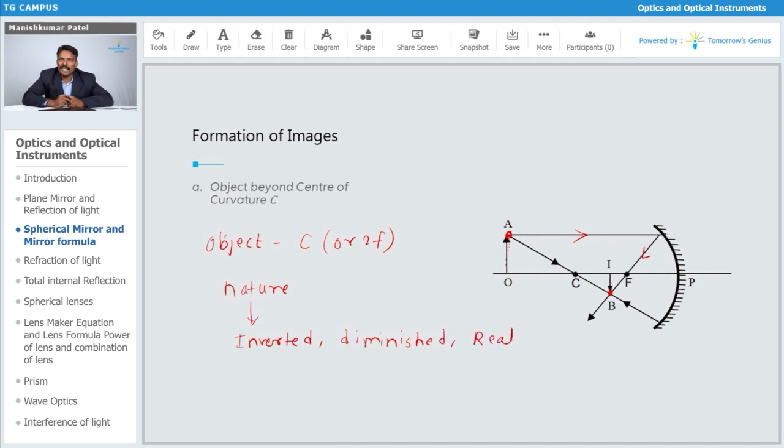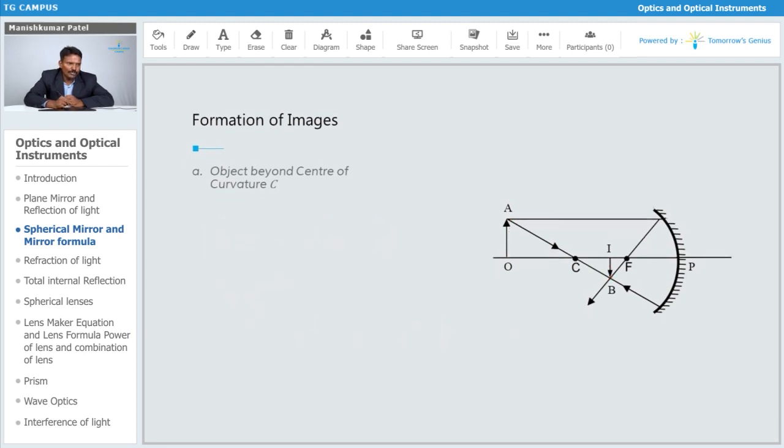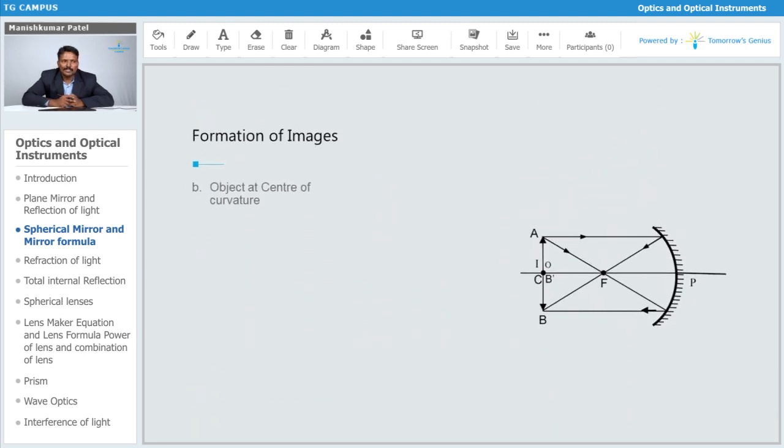The rays are actually converging at that point I, which forms your image, so it is a real image. It is inverted and diminished when you keep the object beyond 2F. So this is the first very important case. Let's say the next case, where I keep the object exactly at C.